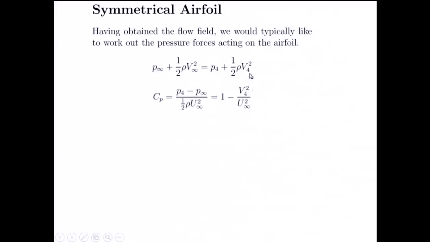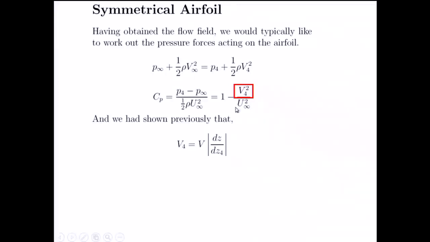And everything with a 4 here is just the points around the airfoil. The pressure coefficient is defined as this, and when we substitute Bernoulli's equation into it, we get this form that we usually use. So this is telling me that we need to calculate the velocity magnitude around the airfoil. So how do we do that?